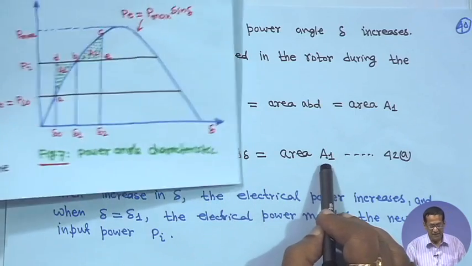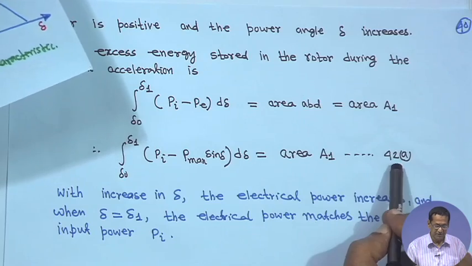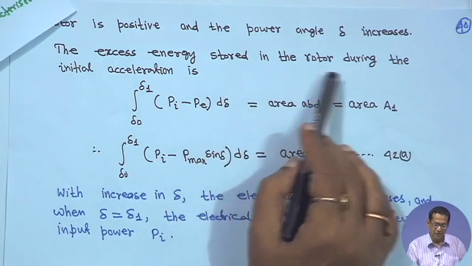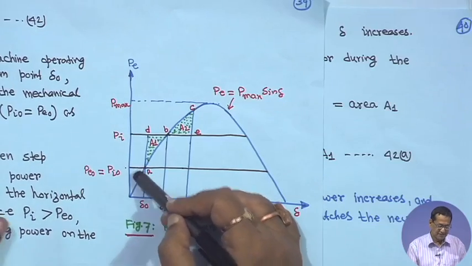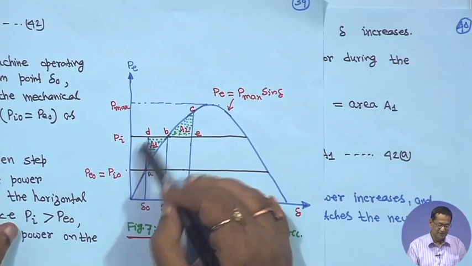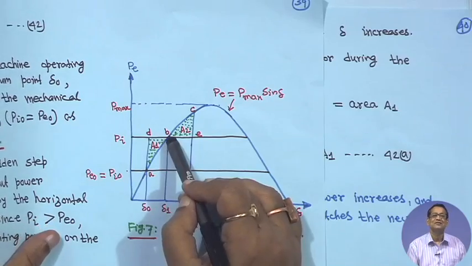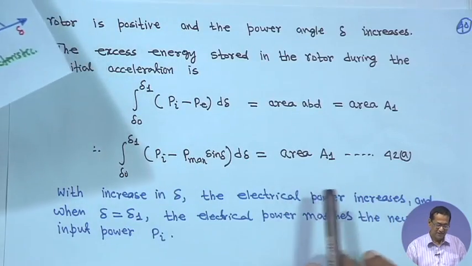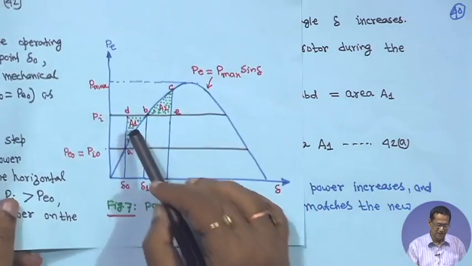This is area A1, and I am marking this as equation 42. This is the excess energy stored in the rotor during the initial acceleration, because as soon as the load has suddenly increased, the input power increased to Pi, and then the rotor will start accelerating. So this excess energy stored will be only this area, and you have to find A1.